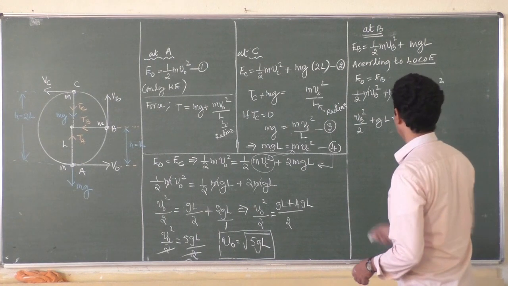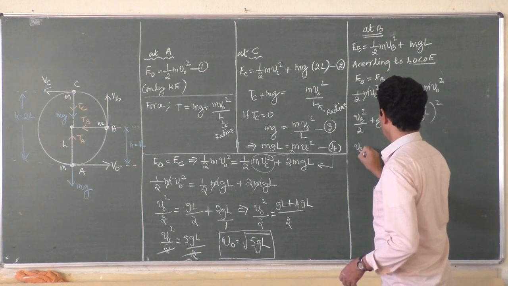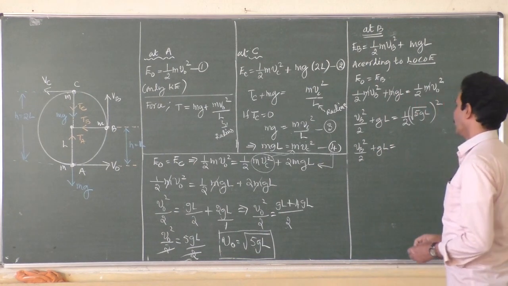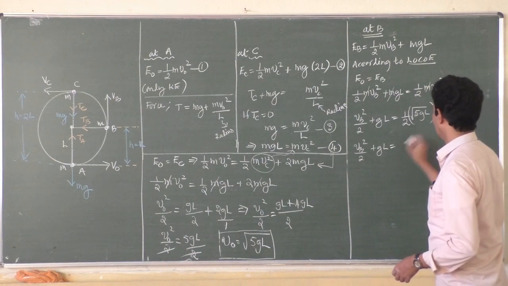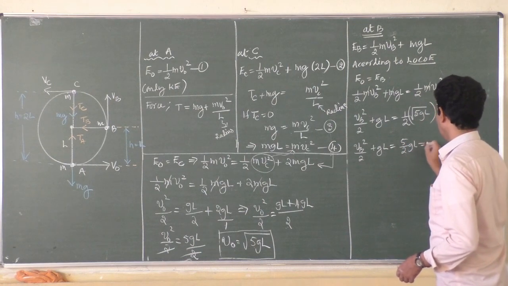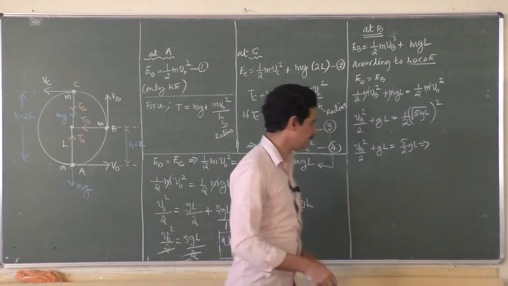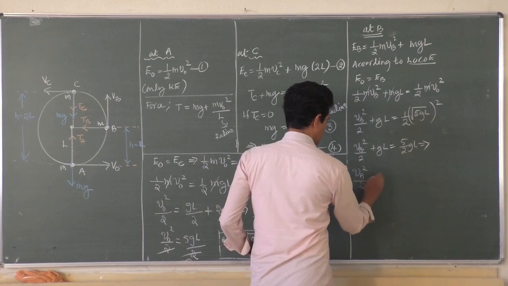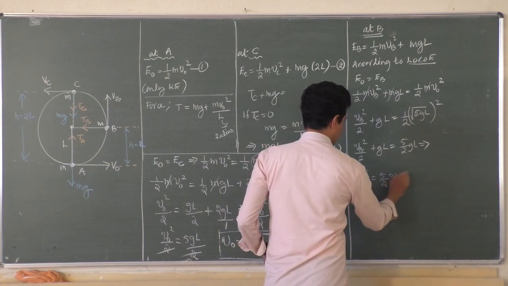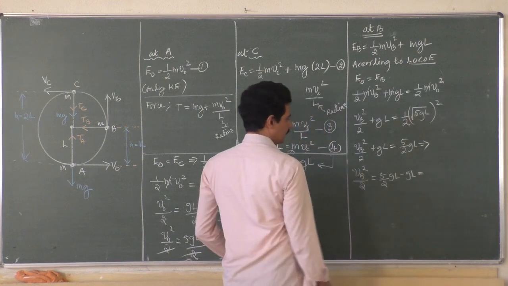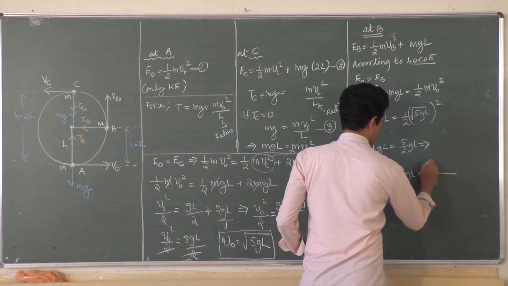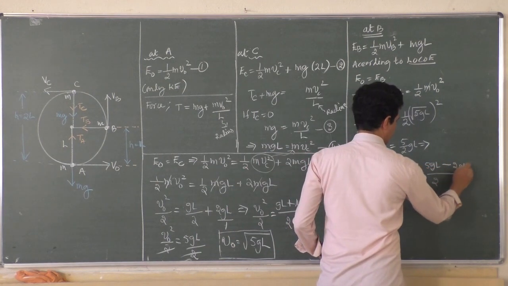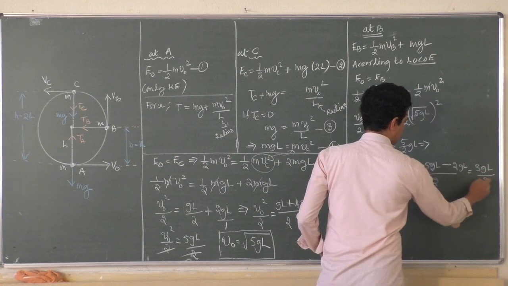So what you will get finally: Vb square by 2 plus gL must be equal to 5 by 2 gL. That implies Vb square by 2 must be equal to 5 by 2 gL minus gL, taking 2 common, that is 5gL minus 2gL, equal to 3gL by 2.